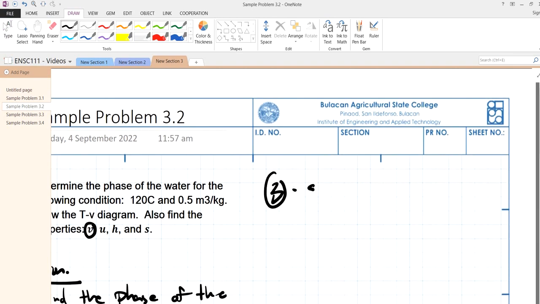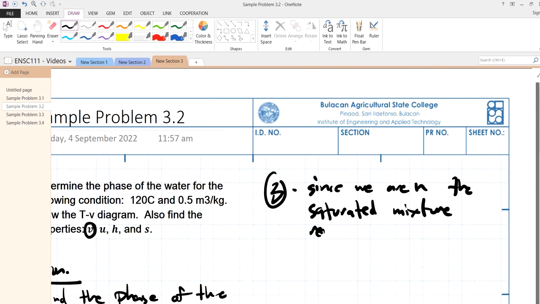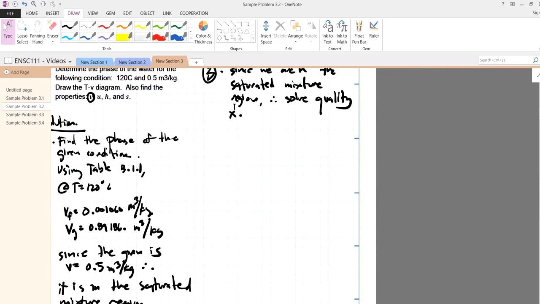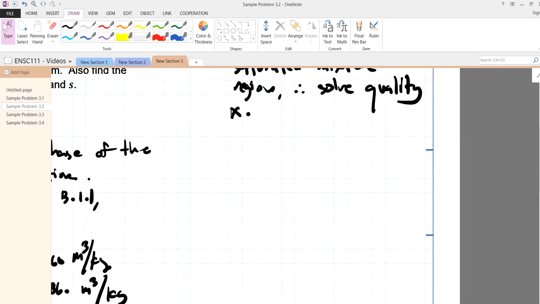So since we are in the saturated mixture region, therefore solve for quality x. So we will need this x value so that we can find the other properties.